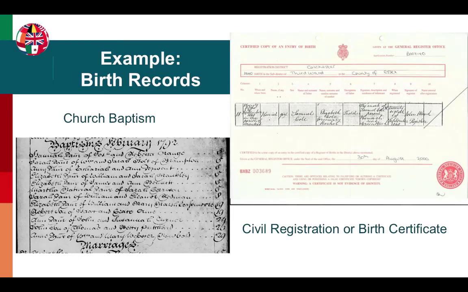Here's an example with birth records. We talked about how church baptism records started in 1538, but weren't really complied with until the 1590s or so. But by the time we got to 1837, civil registration begins.